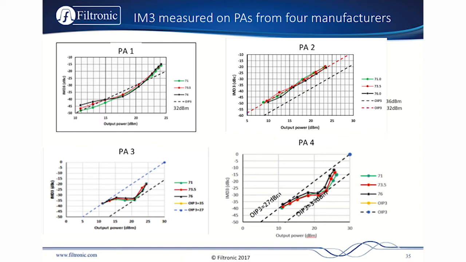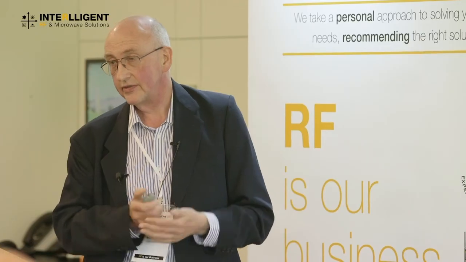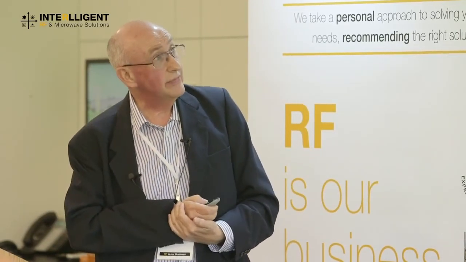And different amplifiers, I think most of these are probably made on the same process, but even the design, you can have vastly different OIP3 characteristics. So if you're using the power amplifier to set the output power of the transceiver, then you need to know what the OIP3 characteristic is as a function of output power.